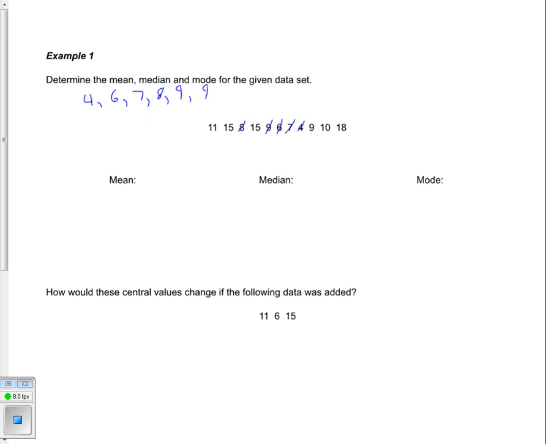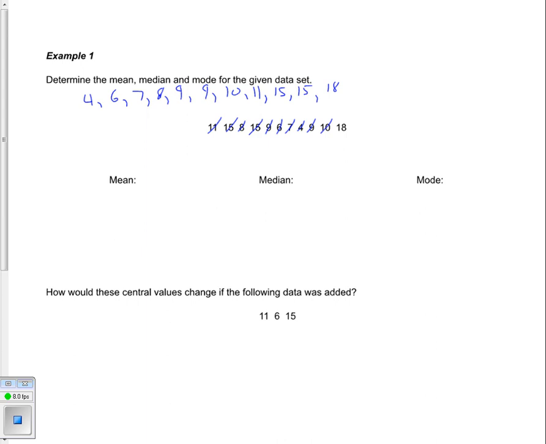There's a second 9. There is a 10. There's an 11. There's two 15s. And there's an 18.